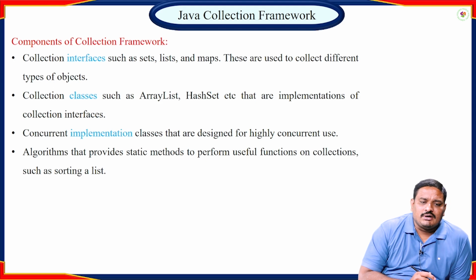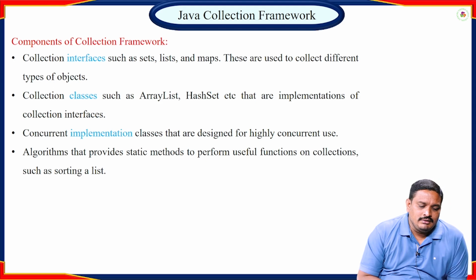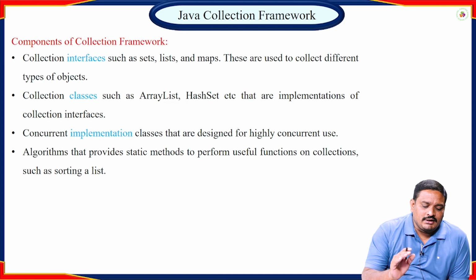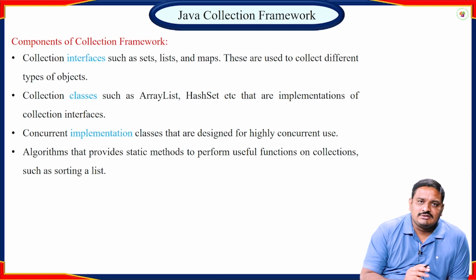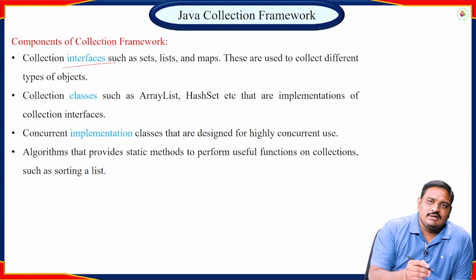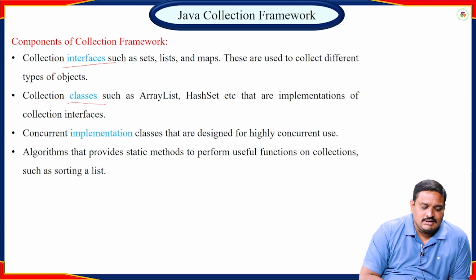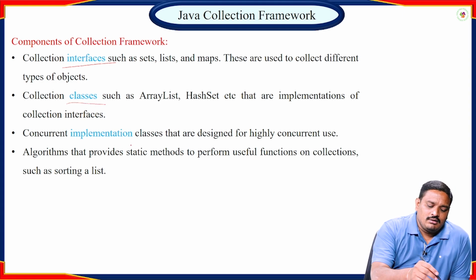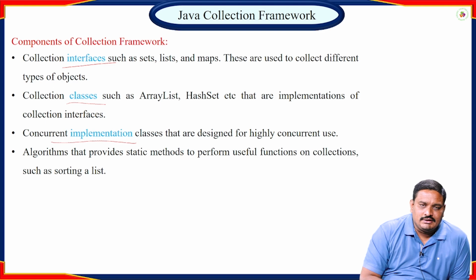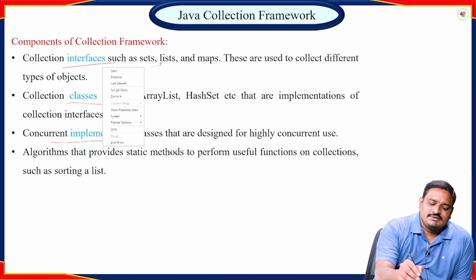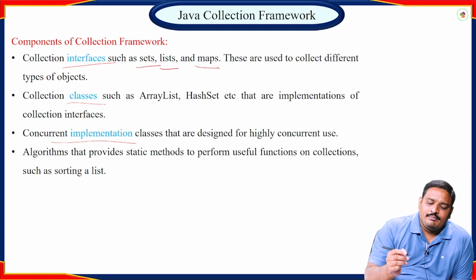What are the components of the Java collection? In the Java collections, there are three types of components. The first one is interfaces, the second one is classes, and the next one is concurrent implementation. Let us see one by one. The Java collection interfaces are Set, List, and Map.